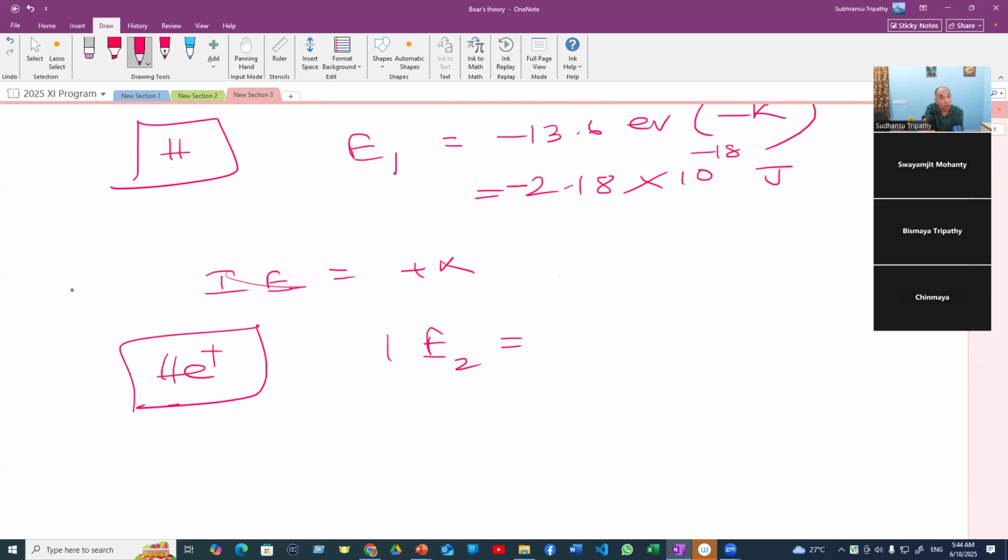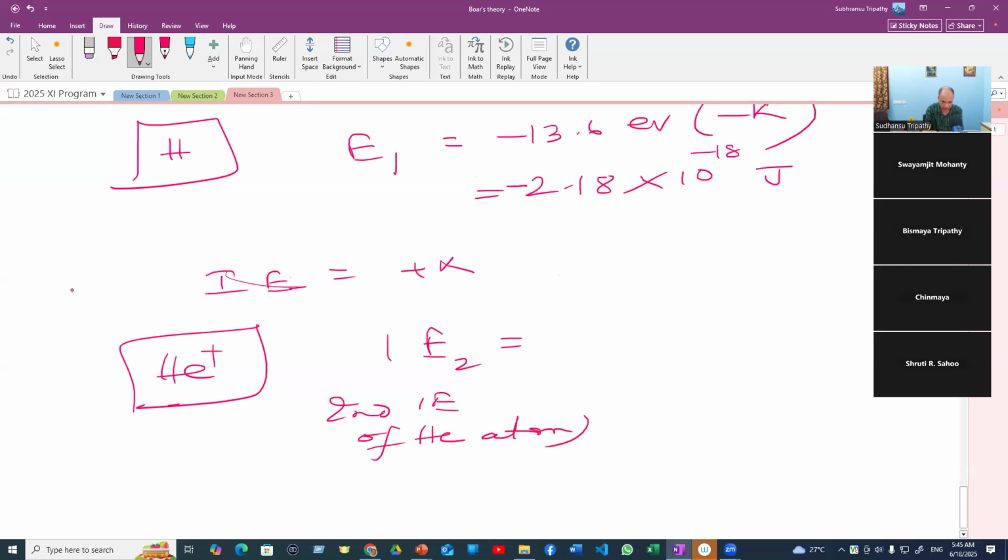And from Bohr's theory, we can find out the second. This is the second ionization energy of the helium atom. But if it is already helium plus, it has only one electron, so you will say ionization energy of helium plus. But for the helium atom, it is the second IE.